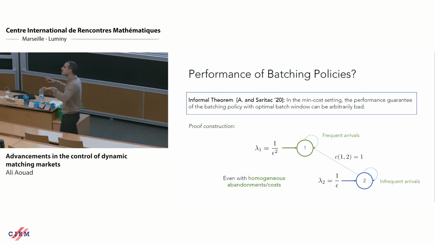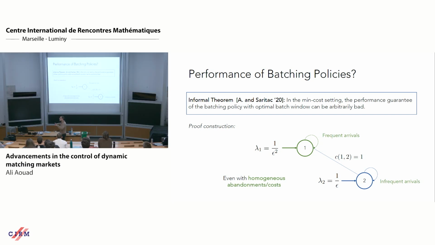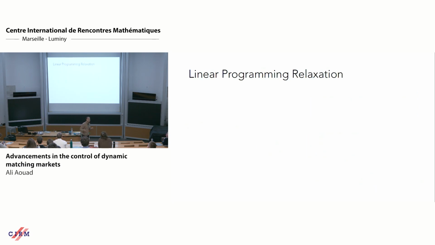It tells you that if you have a network, and in this network some agents require more time to be able to form suitable matches, and others are on higher frequency and maybe higher abandonment rate, it's going to be hard to achieve both things with a single batching window. And that's an intuition for how, when we come up with other policies, they will be able to address this type of challenge because they will leverage local information about the market.